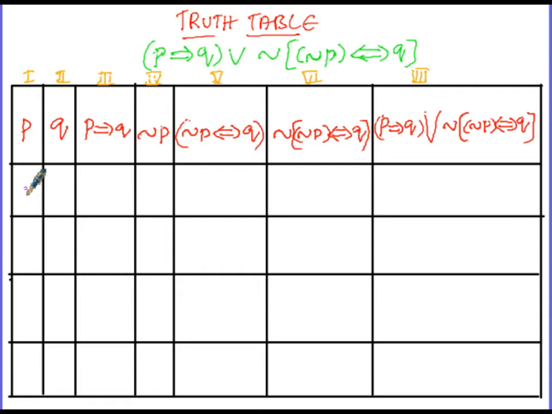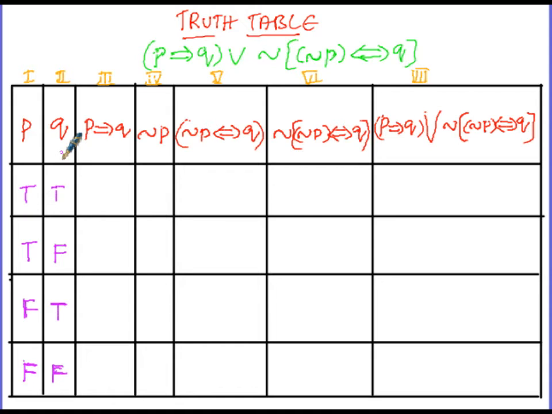So here both may be true, that is if the truth value of P is true, then the truth value of Q also may be true. Then both may be false also. If P is true, then Q may be false. If P is false, then Q may be true. These are the four possibilities of the two statements, that is P as well as Q.